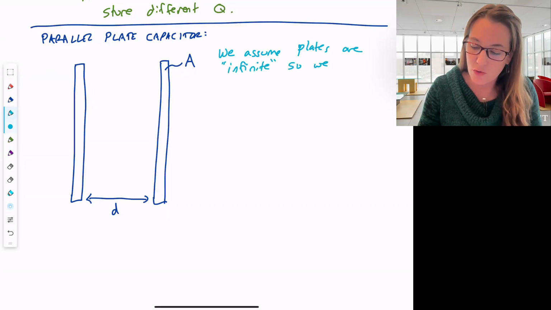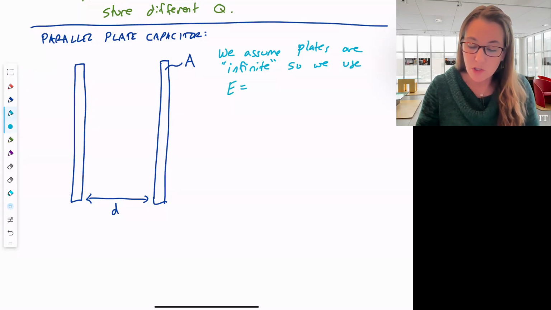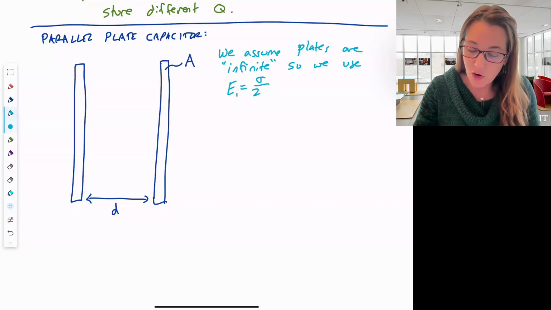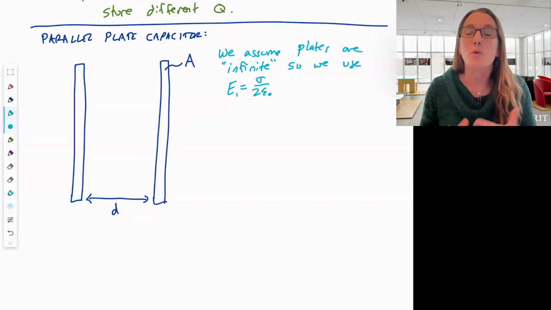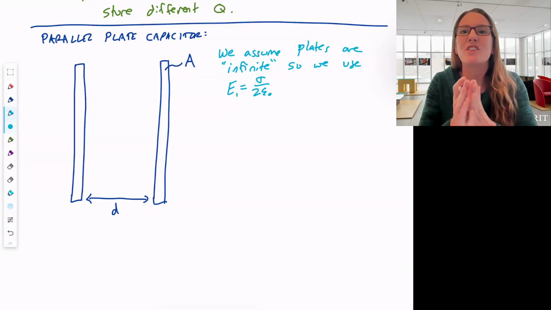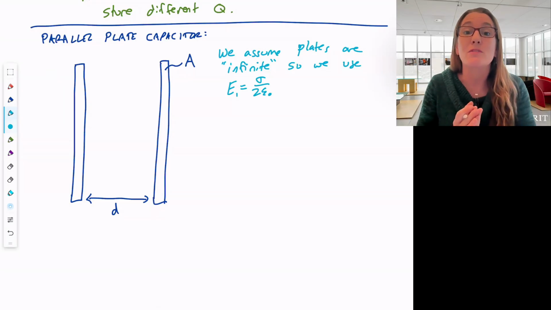so we can use the equation that we have prior, which is the electric field from one plate equal to sigma over 2 epsilon naught. We want to use that result because it's a nice simple result saying that we have a uniform electric field from each of these infinite plates.